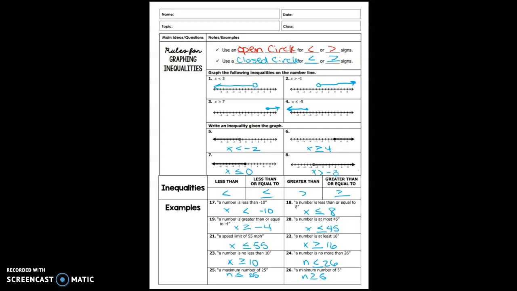I wanted to point out that whenever we're talking about a number and we don't specify the variable, we could have n's, x's, y's, any variable you want to use. It doesn't matter which variable we're using unless we specify.